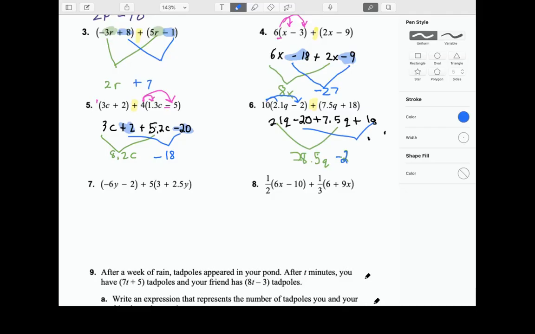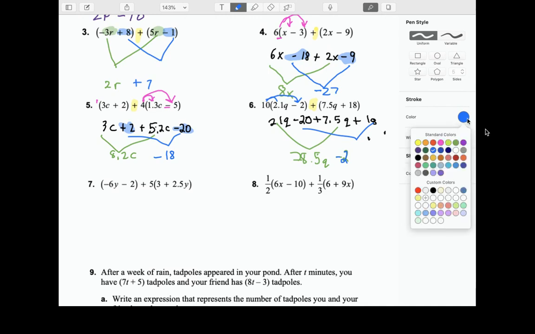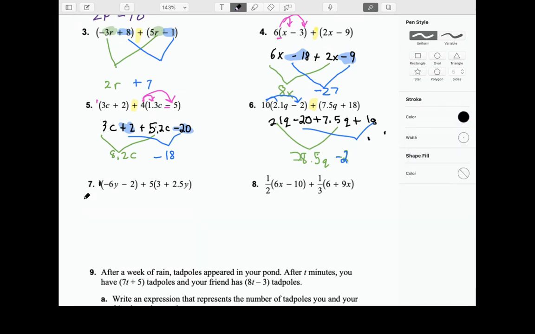Let's look at this next problem. Two more problems, one with decimals and one with fractions. The fraction seems like it's going to be crazy hard, but it's not super hard. Let's look at this first one. It doesn't have a number in front, so I'm just going to bring that down, negative 6y minus 2 plus.